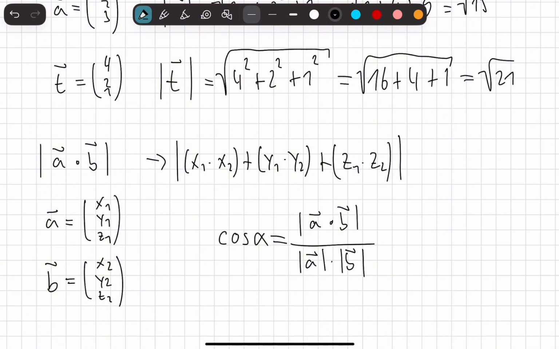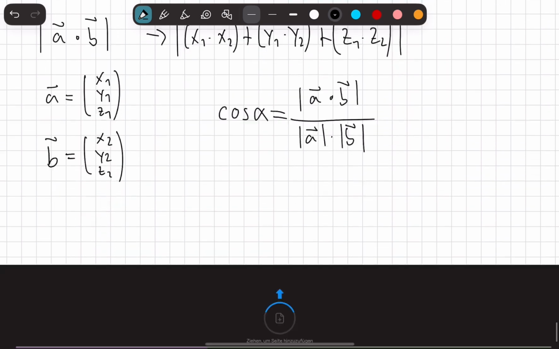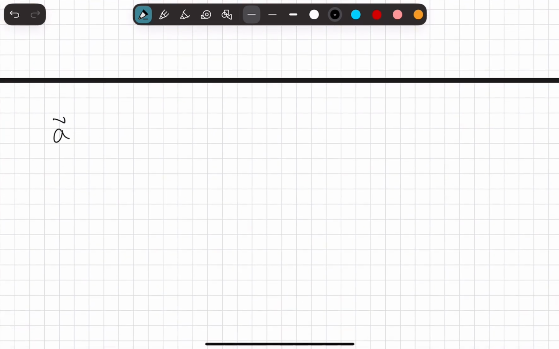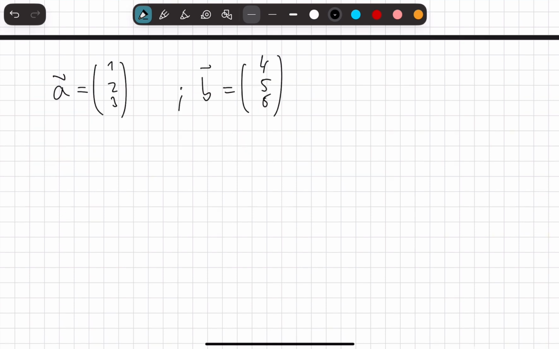And let's do a quick example. If we have the vector a equal to (1, 2, 3) and b equal to (4, 5, 6), then we first have to find out the dot product.